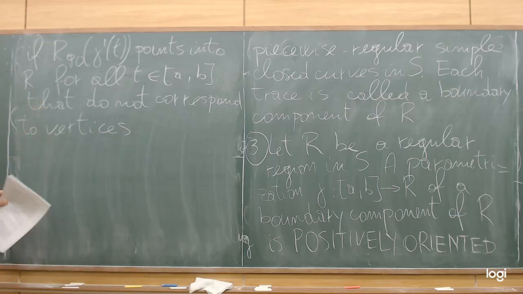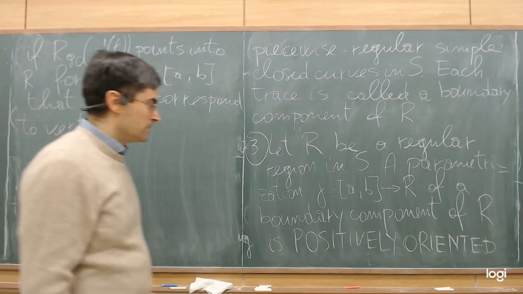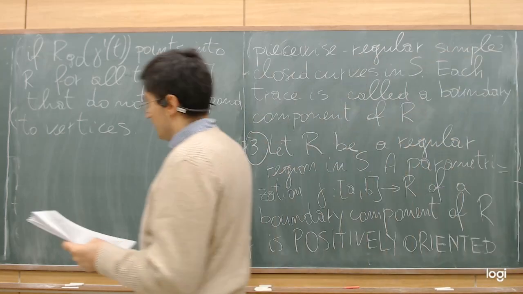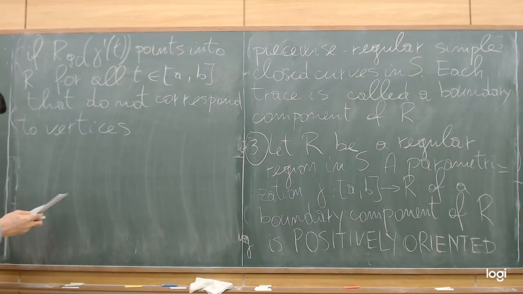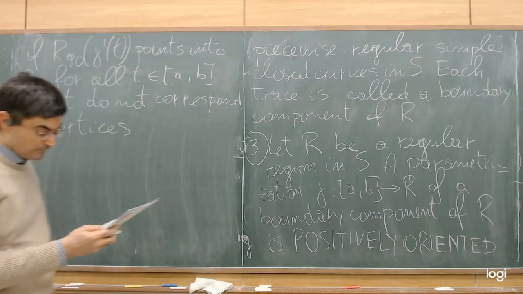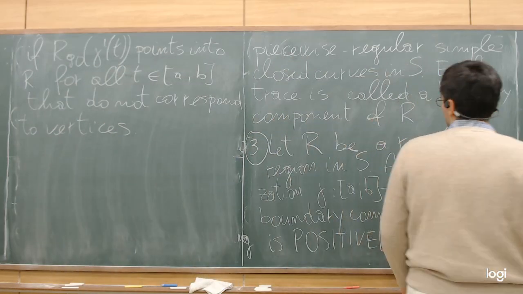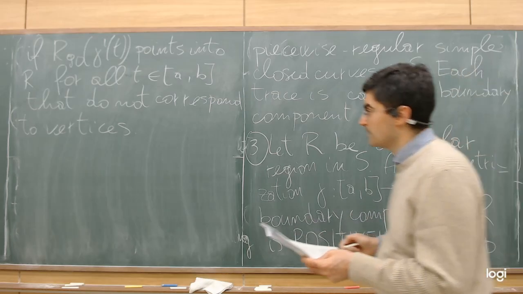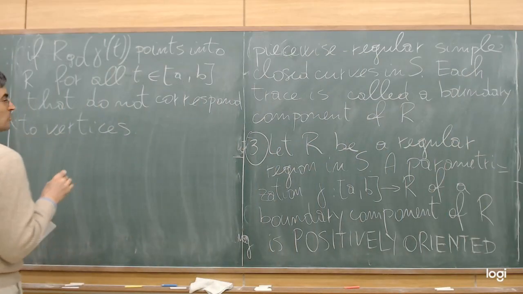So this is the definition which replaces the definition of region which lies on the left as we traverse gamma. This last definition may not make sense if we work on a surface. So forget that definition.